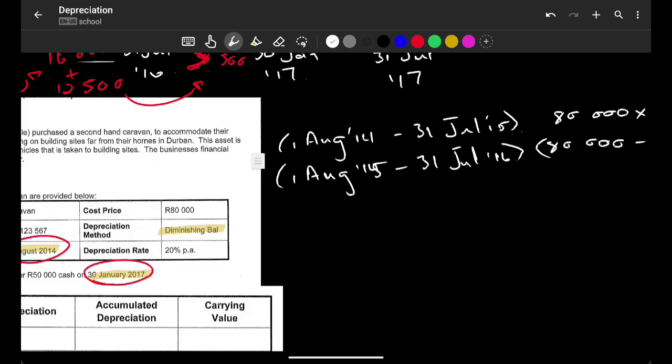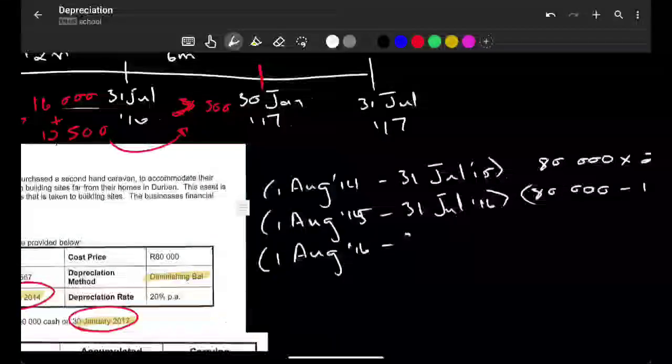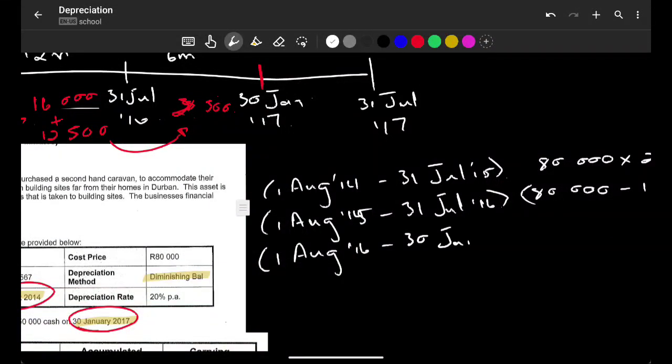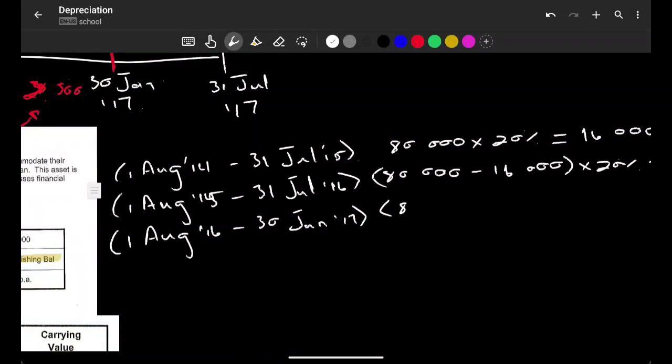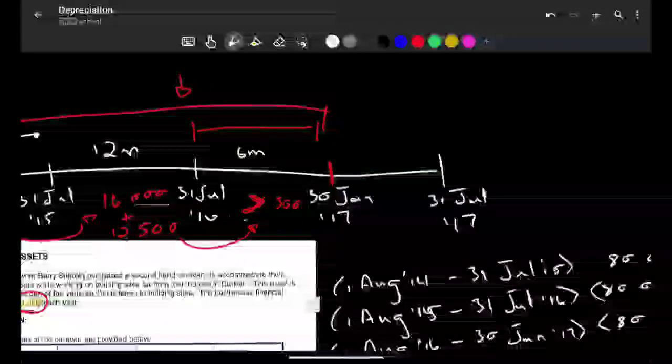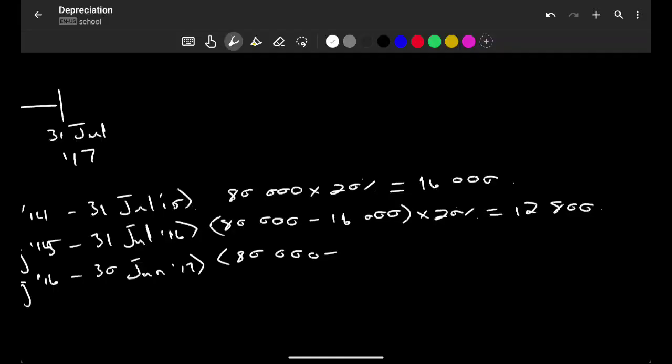So for the last time, we're going to have from 1 August 2016 up until the 30th of January 2017, and we would have the 80,000 minus our new accumulated depreciation of 28,500, multiplied by 20%, and you'd get 5,120.